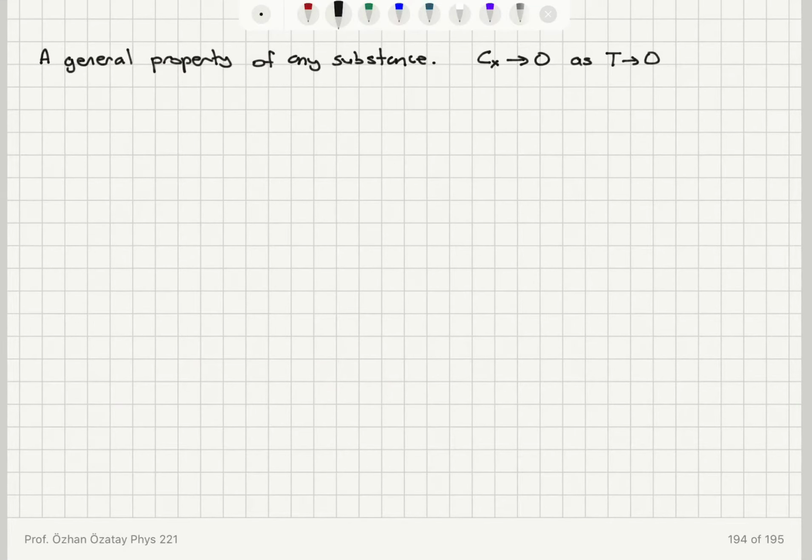As another remark, for example, we can think of the result for the molar specific heat equal to 3 over 2 R for a monatomic gas.